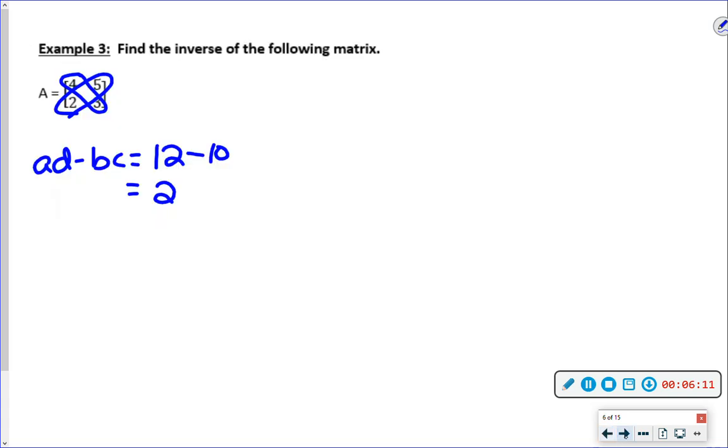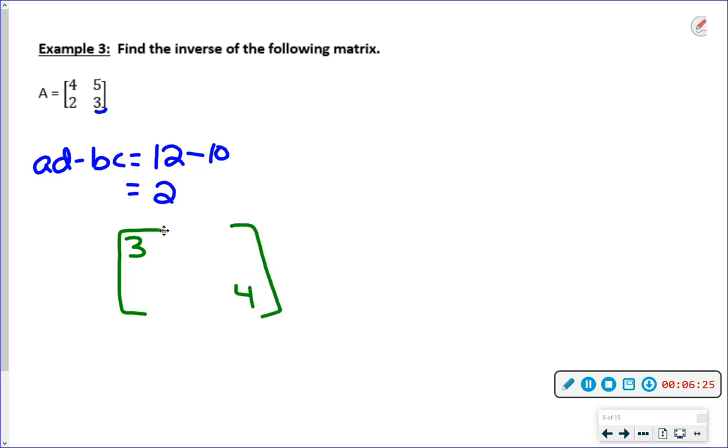Okay, next step. We're going to do a little rearranging. The 4 and the 3 simply switch spots: 3, 4. That diagonal just switches. The 5 and 2 stay where they're at, but you switch the signs on them, so I'm going to make this -5, -2.